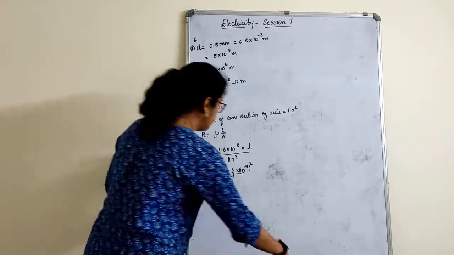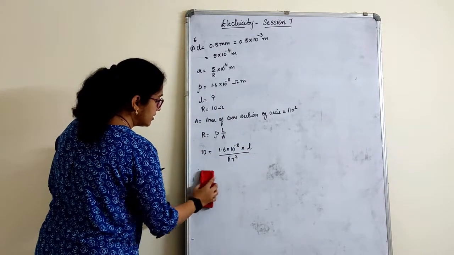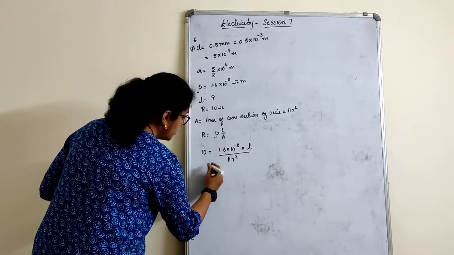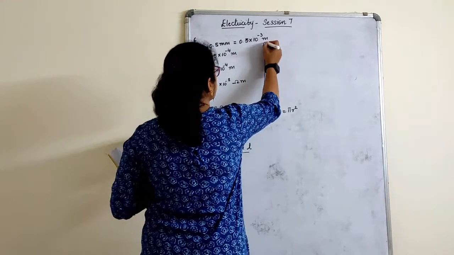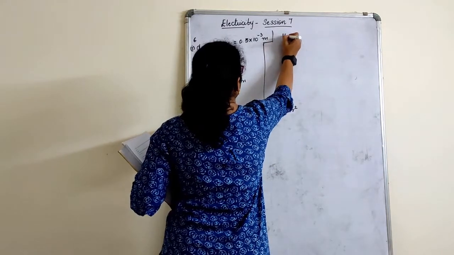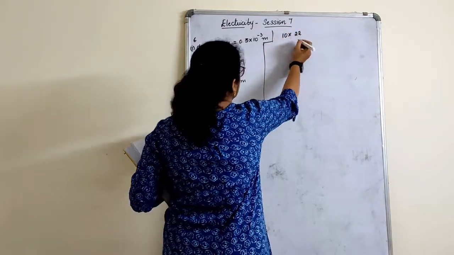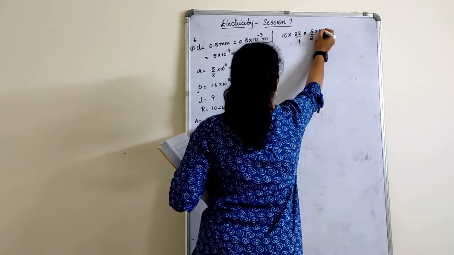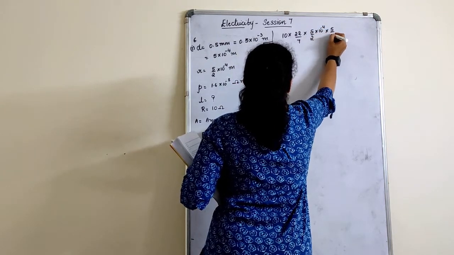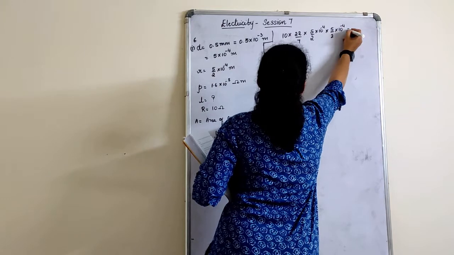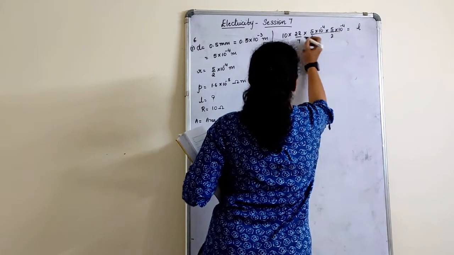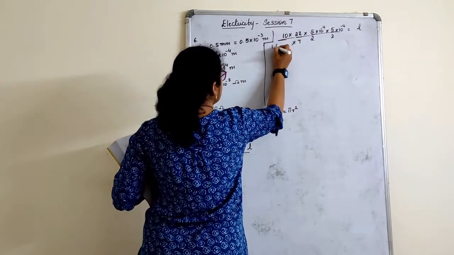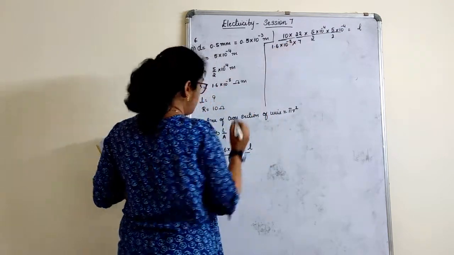Let me write it on this side, children. 10 into 22 by 7 into 10 raised to minus 4 into 5 by 2 into 10 raised to minus 4 is equal to L, divided by 1.6 into 10 raised to minus 8.